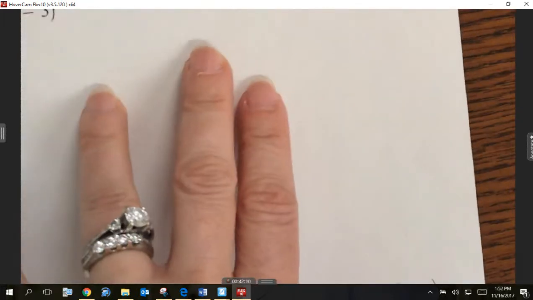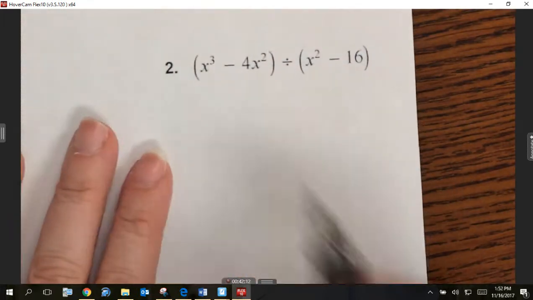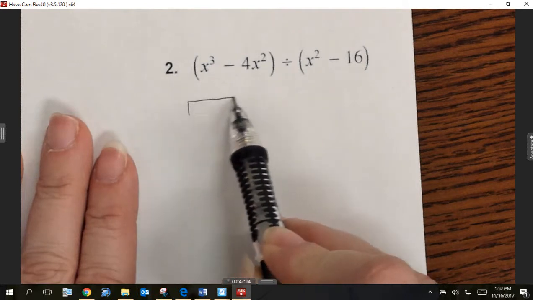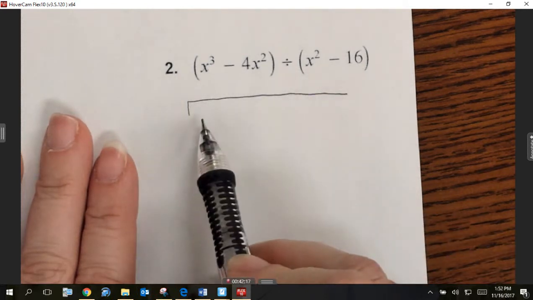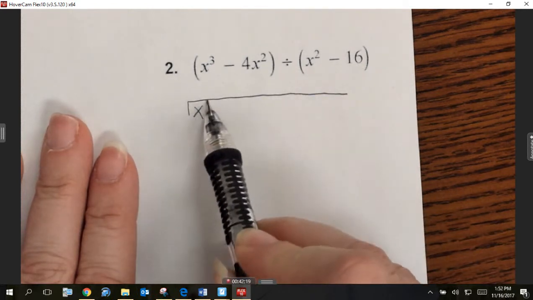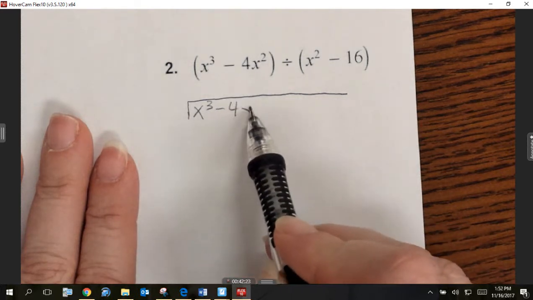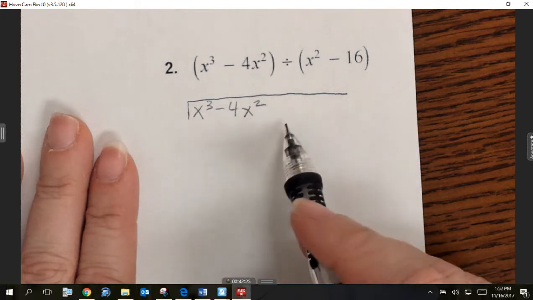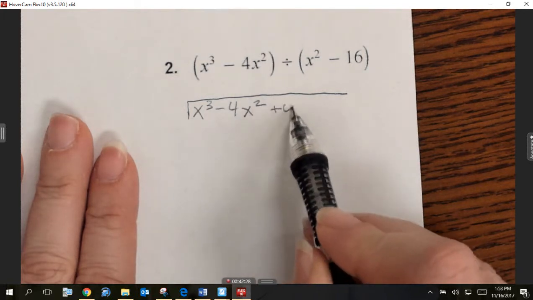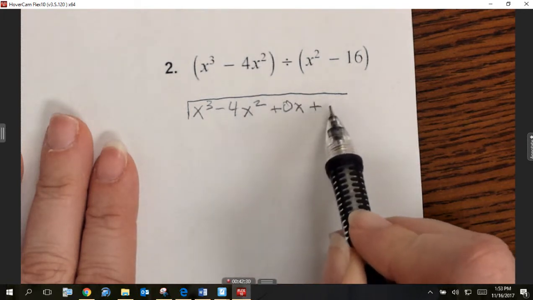So, alright, number 2. I'm going to go ahead and set that up like division with the bar. And underneath I've got x to the third, so that means I need every single power after that. So I have x squared, but I need plus 0x, and I need the constant also.